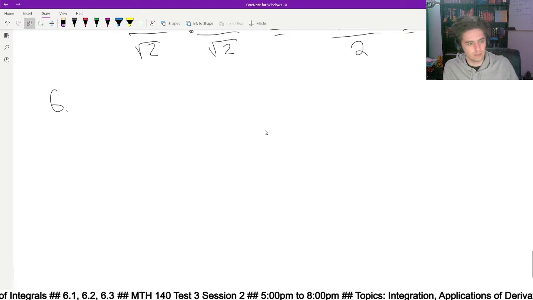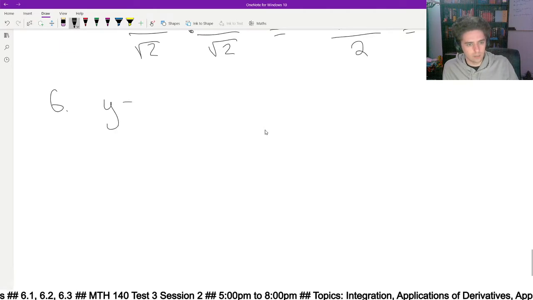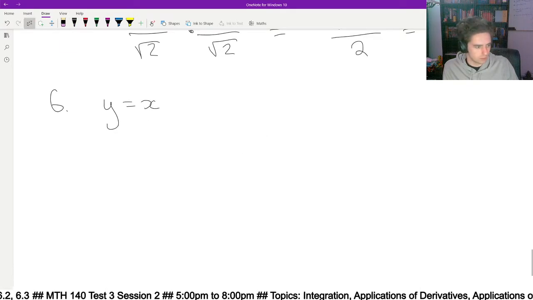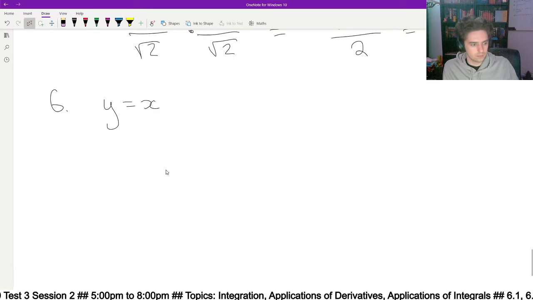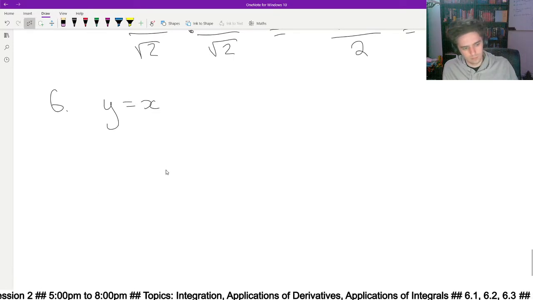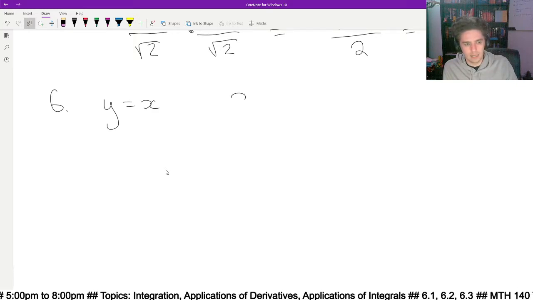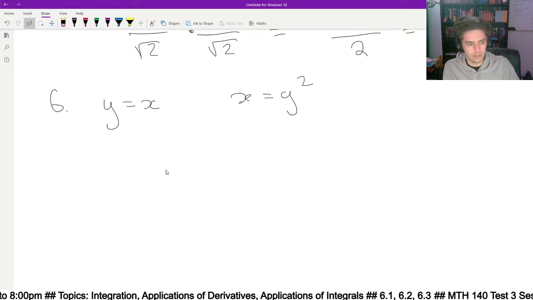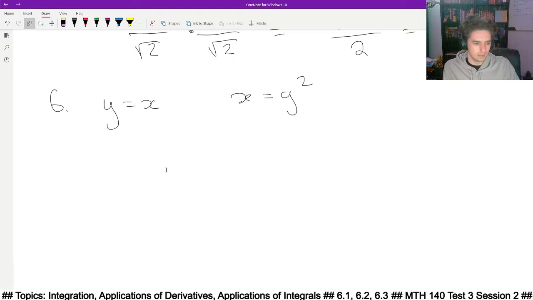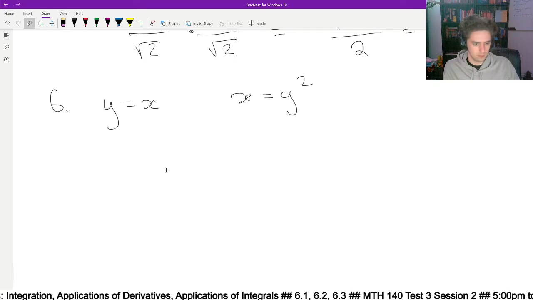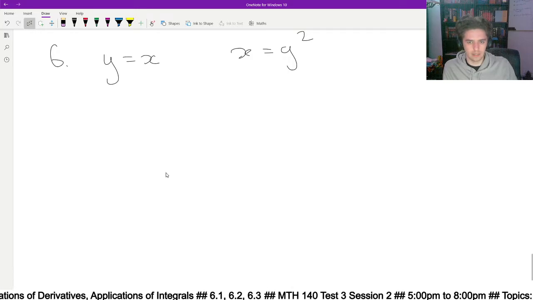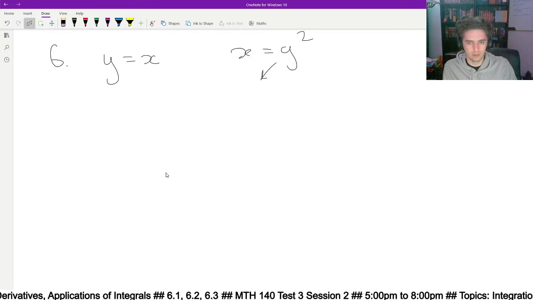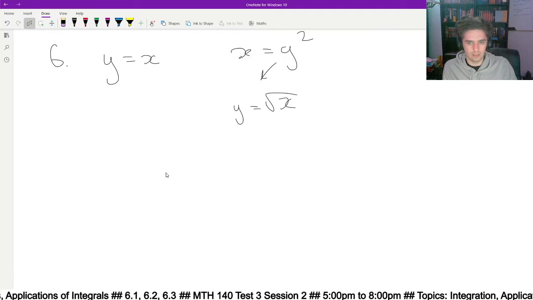So number 6 from the textbook is y equals x. So I assume it's for the following curve, split the region. Yes. So y equals x equals y squared. If I draw a graph of this, I can rearrange this one into y equals root x.